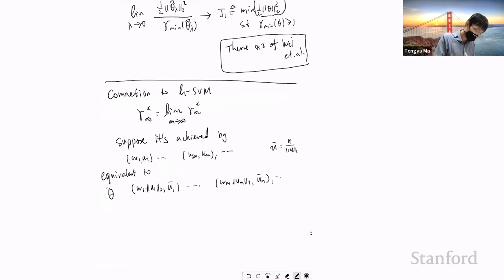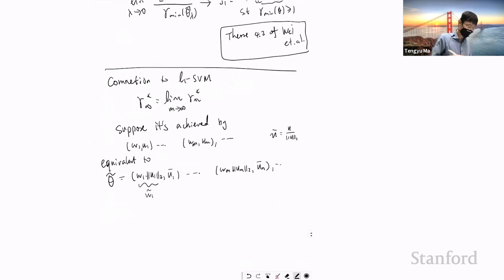Let's call this theta tilde, and I call this one W1 tilde. We have done this rescaling a lot of times, and we know that if you rescale this, you don't change the complexity measure. Here the complexity measure is the sum of WJ times the 2-norm of UJ, and this is just the absolute value of WJ tilde. So this is the one norm of W tilde. That's where the one norm comes into play.